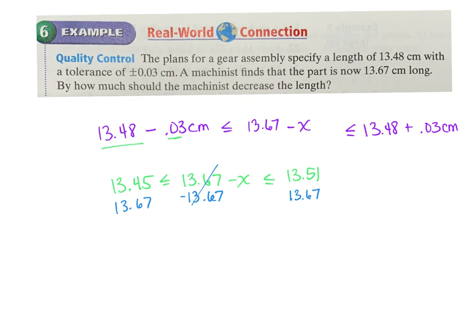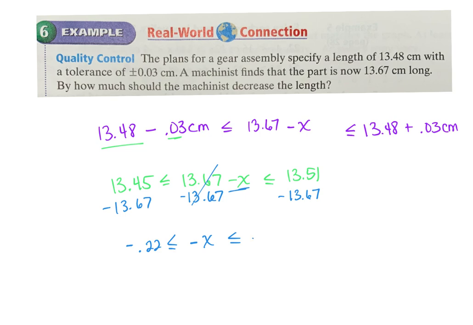Now, when I do this, I am going to have my x by itself, but I still have this little bit of a problem. What's in front of my x there? A negative. So I'm going to deal with that as well. So what happens when I subtract 13.45 minus 13.67? What do I get there? Negative 0.22. What do I get on the other side?